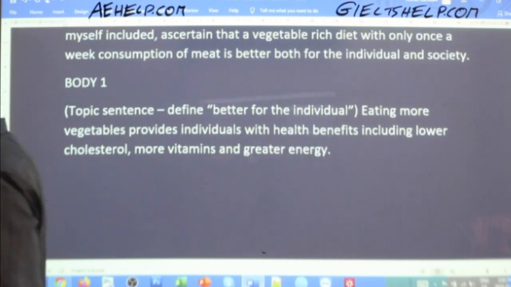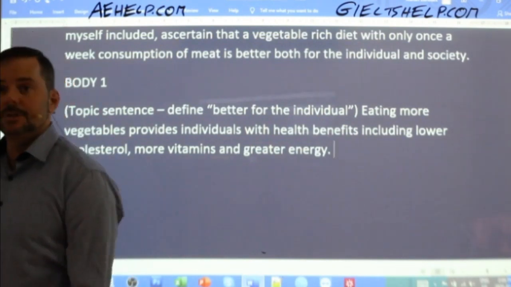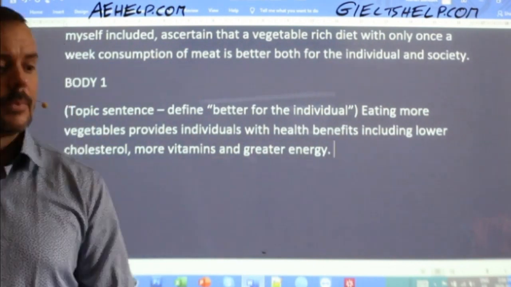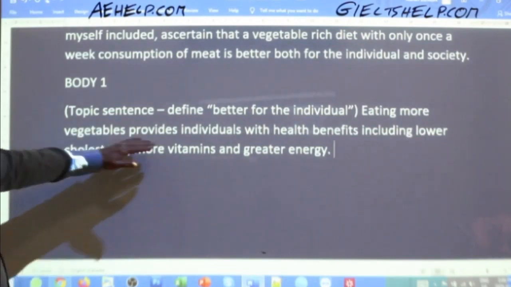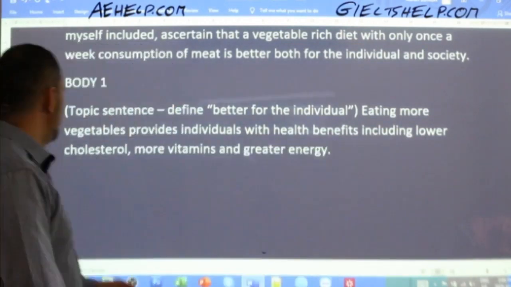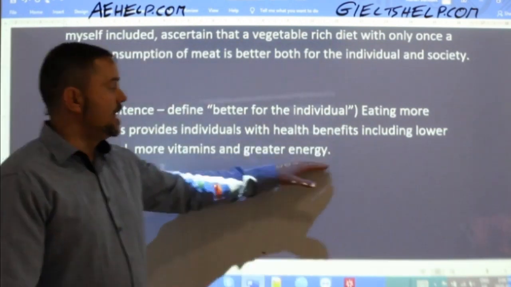Okay? So, something like that. All right? Something like that. Okay? So, one more time. Eating more vegetables provides individuals with health benefits, including lower cholesterol, more vitamins, and greater energy.